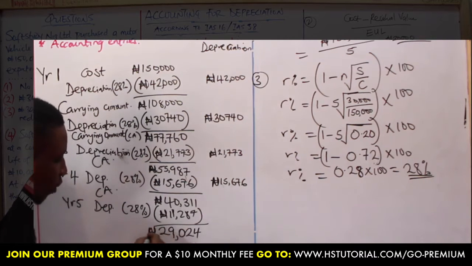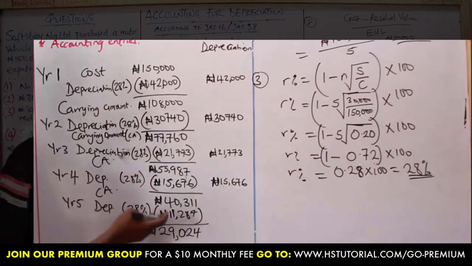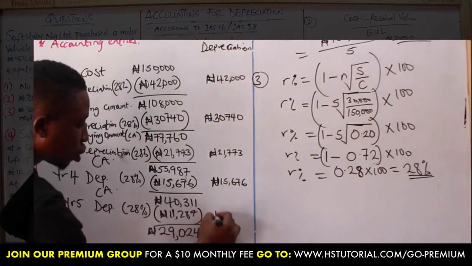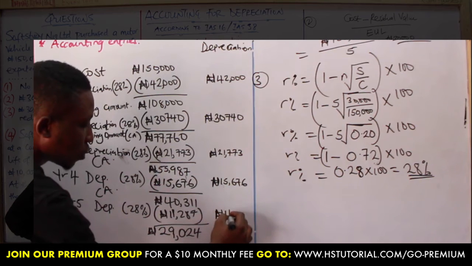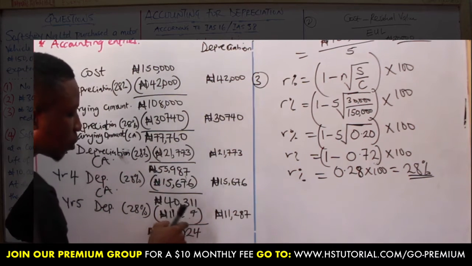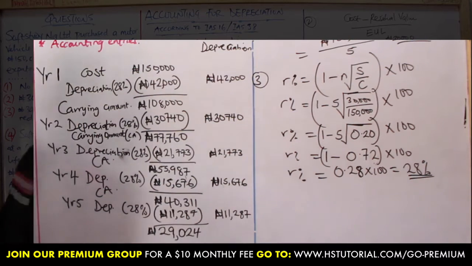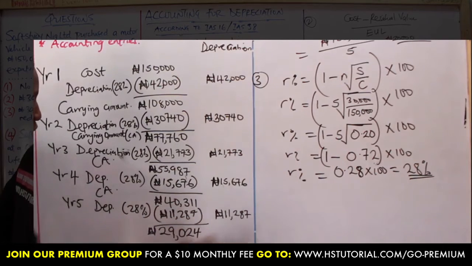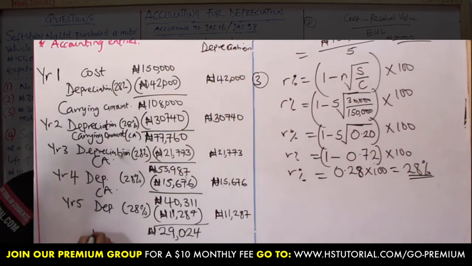29,024 naira. Okay, so before you close, you will have to bring out this depreciation, 11,287. Now this is the final depreciation. Then this one is supposed to be the residual value.